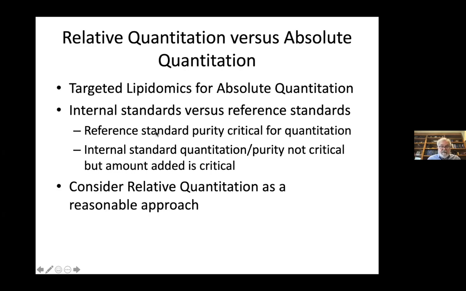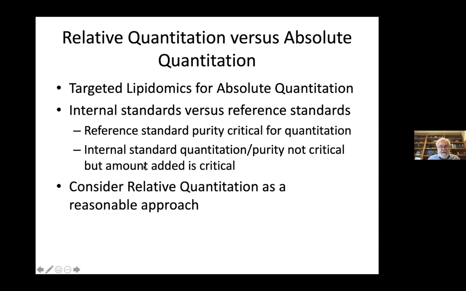Now, the reference standards which you use to make these standard curves, you worry about their purity. But I always like to point out the internal standard which you use for quantitation, you don't worry about purity. In fact, very often you ignore the fact that it's not fully deuterated, and all you rely on is the ratio of the internal standard, and that purity divides out when you do the calculation.